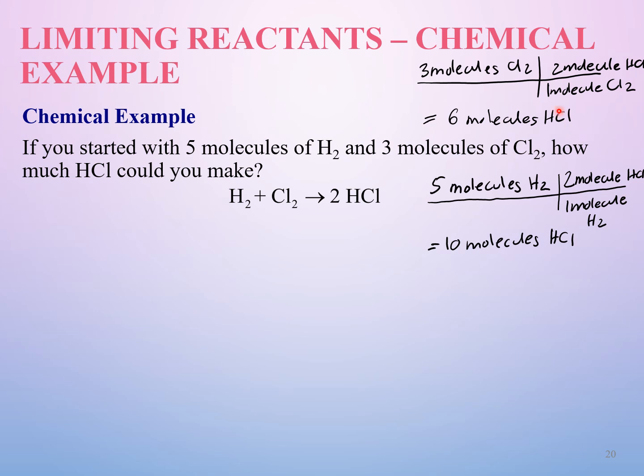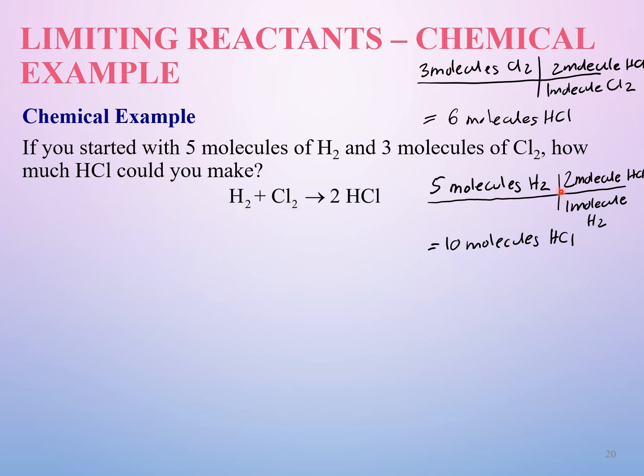Because after that we run out of chlorine and we don't have any more chlorine to react with the H2 to make more HCl. We're stuck. So we're stuck at 6 right here. Okay, so in this case, chlorine would be my limiting reactant. Hydrogen would be my excess reactant, and I know I'll actually have 2 molecules left over because I'll use 3 of them to react with 3 of the Cl here because I know the ratio is 1 to 1.